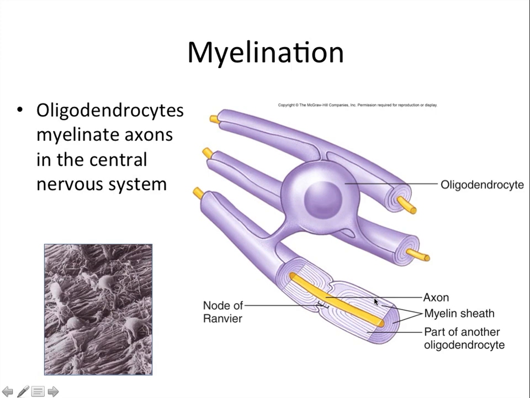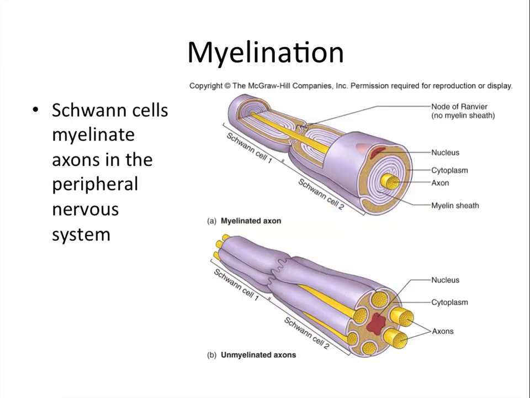Now the myelination in the peripheral nervous system gets done by the Schwann cells. The difference between the Schwann cells and the oligodendrocytes is that the Schwann cell can only myelinate one axon. And so you can see here's a Schwann cell, here's another Schwann cell. The gap between them, the unmyelinated node, is referred to as the node of Ranvier.